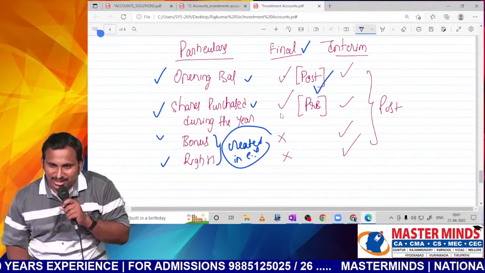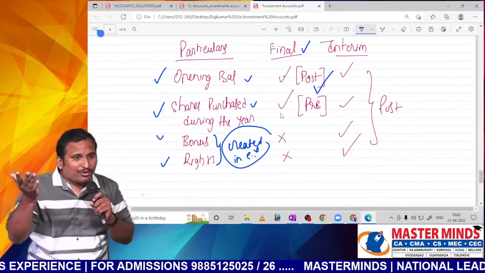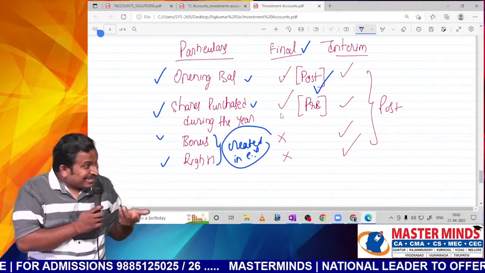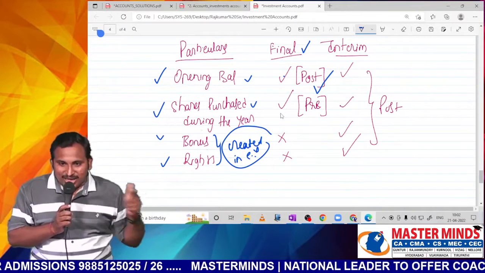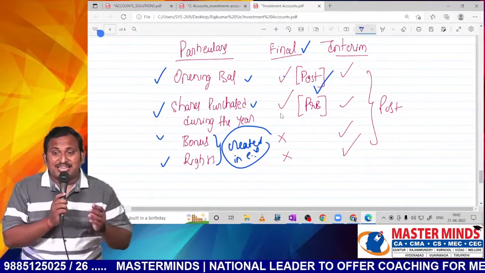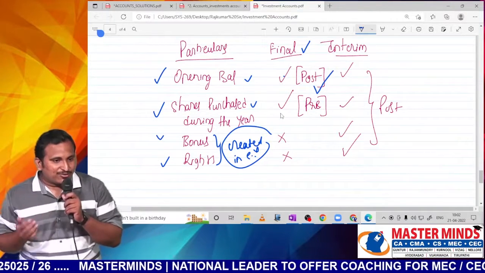Post-acquisition dividend. Because these shares were there prior. Last year's dividend is earned after your investment, and the receipt is also after your investment, which makes it post-acquisition. That is real income for you, to be transferred to P&L.